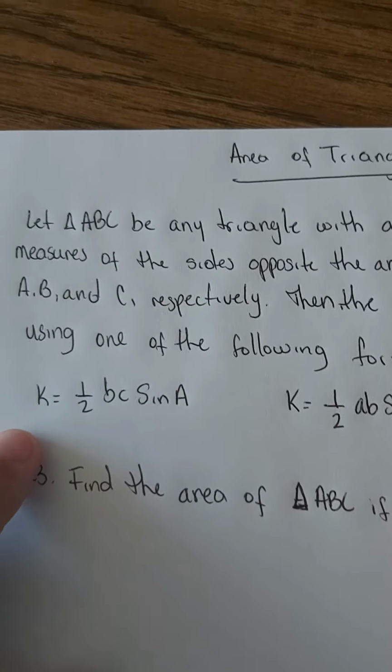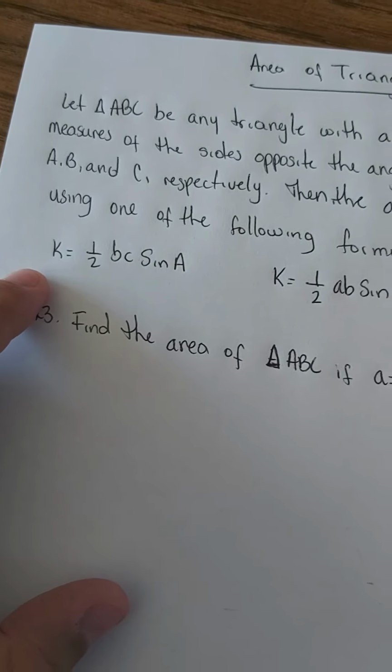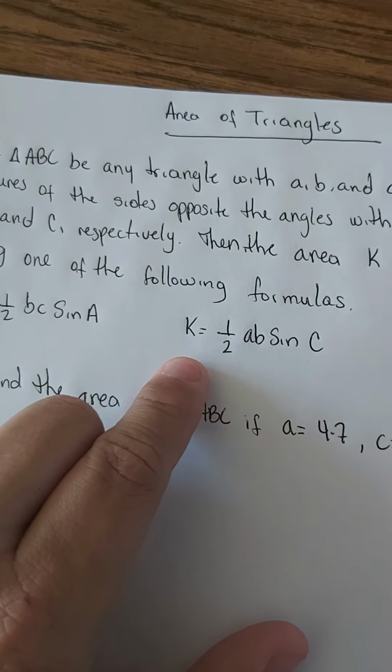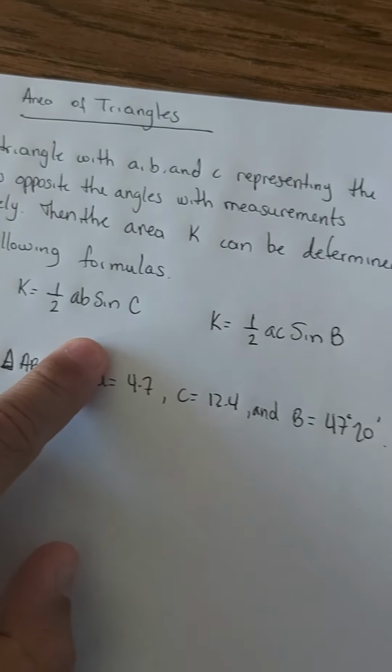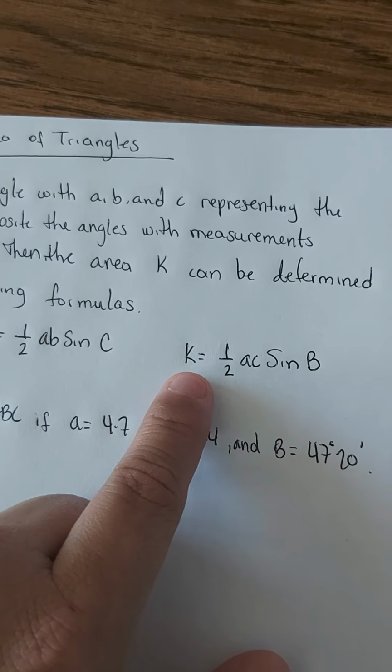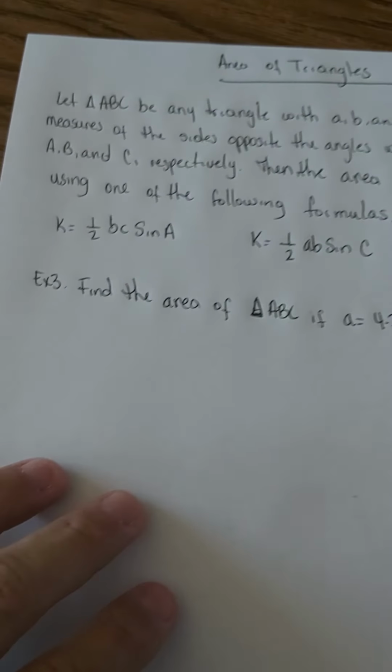K equals 1/2 B times C sine of A, or K equals 1/2 A times B sine of C, or K equals 1/2 A times C sine of B.